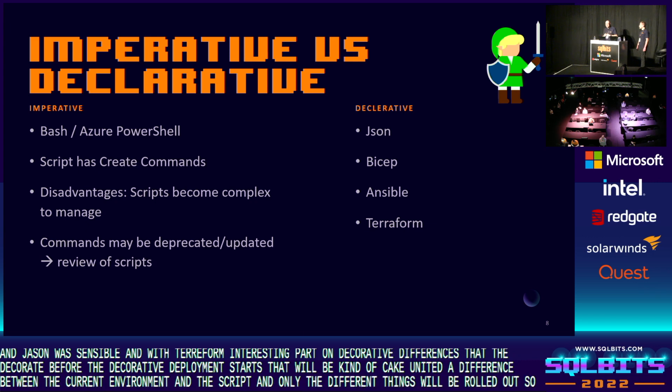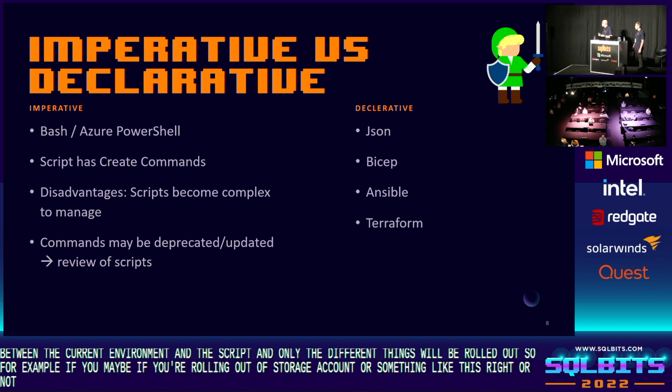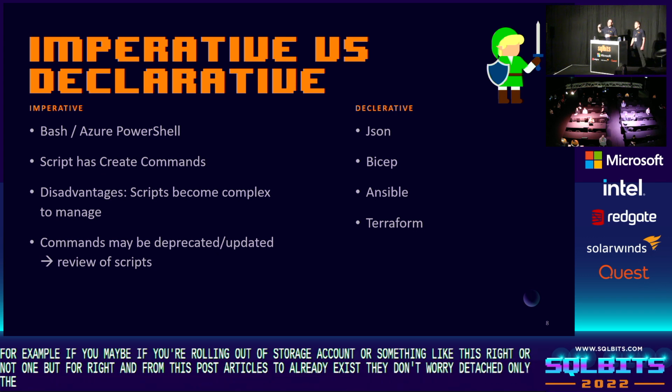So, for example, if you're rolling out storage accounts, not one, but 4, right? And from these 4 storage accounts, 2 already exist. They will be touched, and only the additional 2 will be rolled out, which is a very good thing.